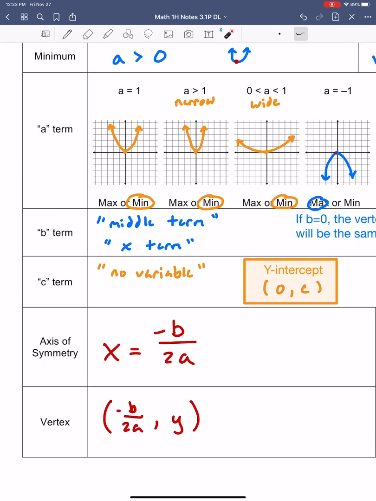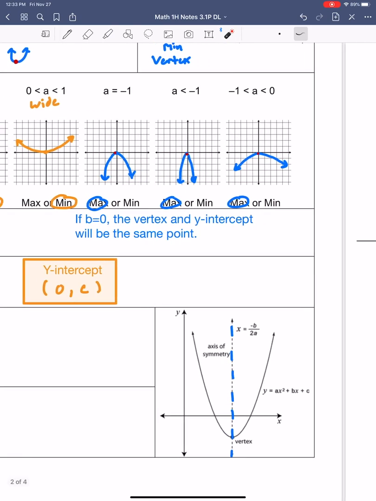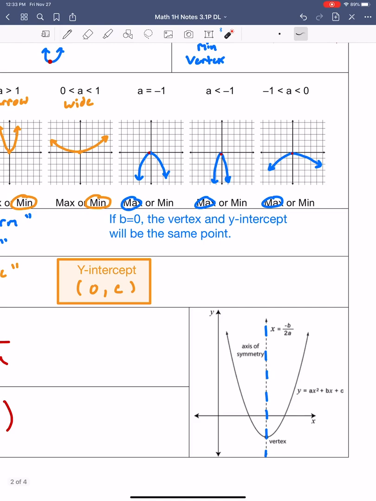And then we can find the vertex, because the vertex is a point, something like 5, 3, some sort of ordered pair. And it's always going to be the axis of symmetry, comma, whatever the y value is. So what that's basically saying is that the vertex lies somewhere on the axis of symmetry, that middle line there. In this case, it's down there.